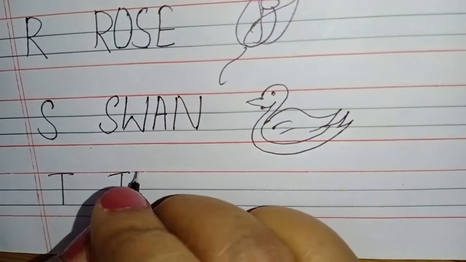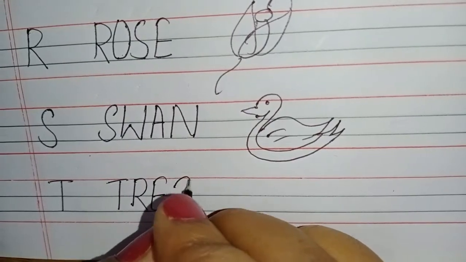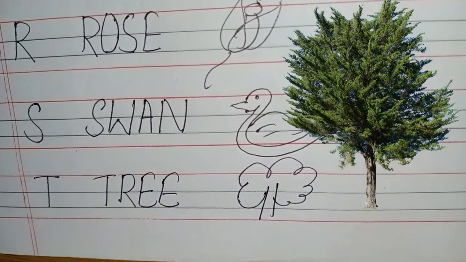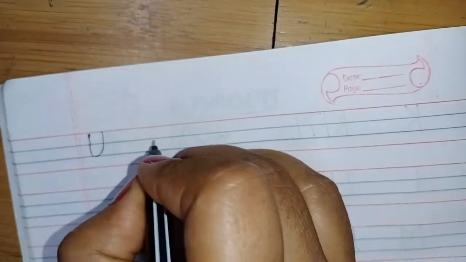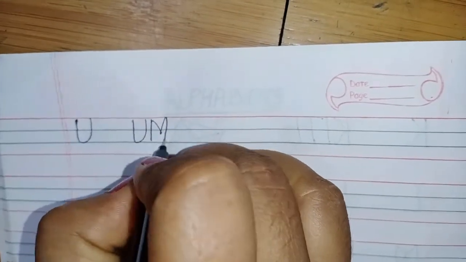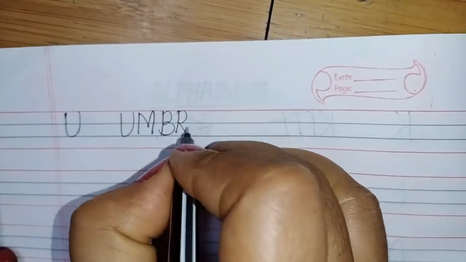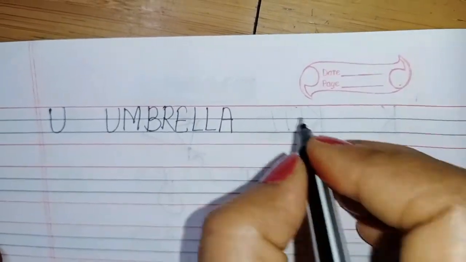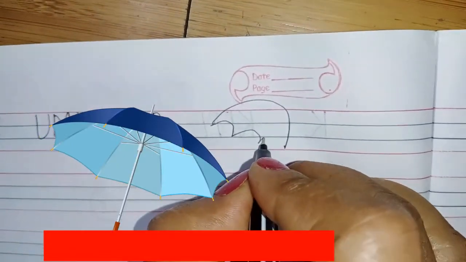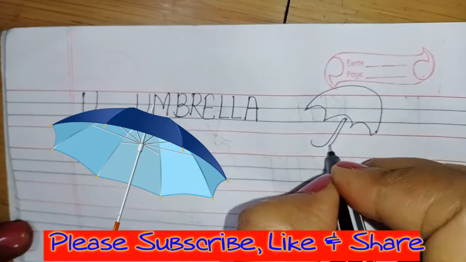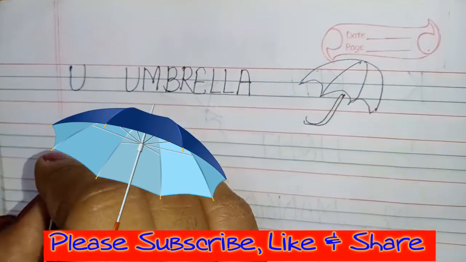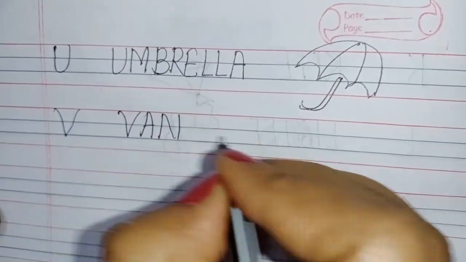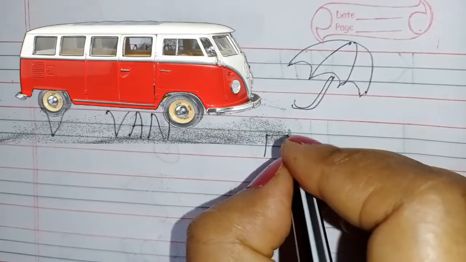T. T R E E. Tree. U. U M B R E L L A. Umbrella. U for umbrella. V. V A N. Van. V for van.